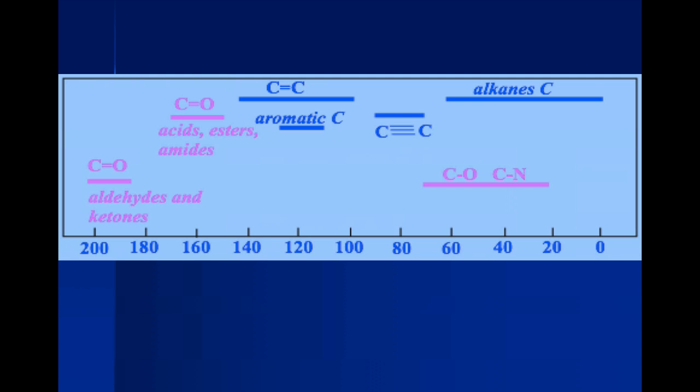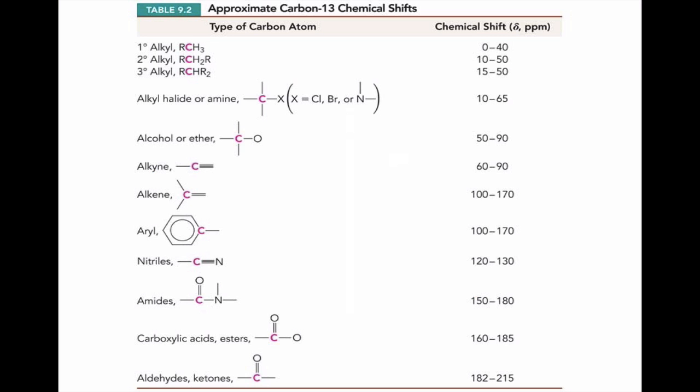If you see stuff to the right, you know you've either got sp or sp3 hybridized carbons. It's still a little bit of a rule of thumb, but since this is a lot broader, it's a lot more concrete than for proton, okay? So yeah, that's where we're going to put our line, okay?